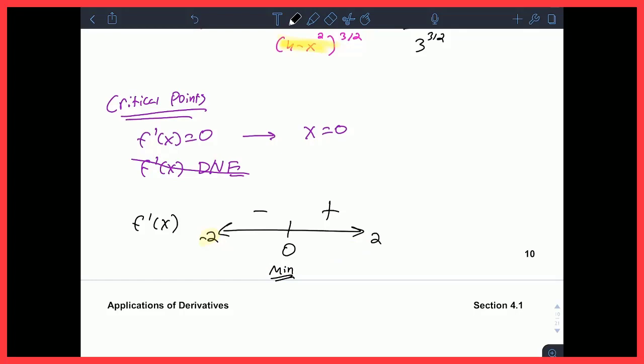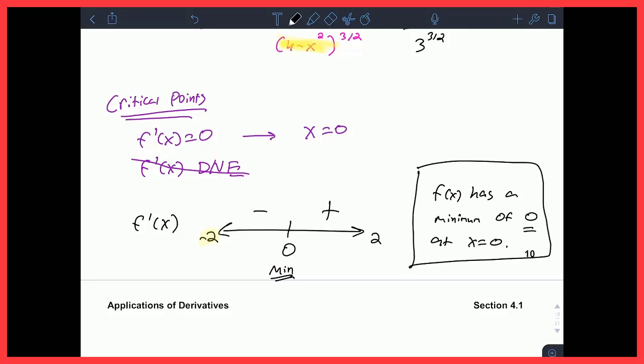So we'll summarize and say f of x has a minimum of 0, that's the y value, at x equals 0, that's the x value. This is how I'd like to structure our answers: f of x has a minimum of 0 at x equals 0.